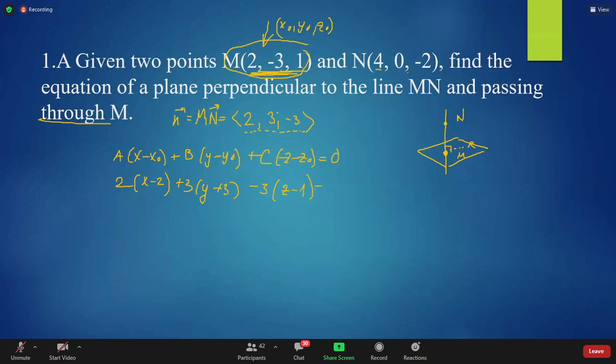Now we can simplify this somewhat. So this is the equation through the point perpendicular to the given vector. To simplify, we open the parentheses: 2x plus 3y minus 3z. Now let's add these numbers up. Minus 4 plus 9 is 5, and 5 plus 3, the product, is 8. So it's plus 8 equals 0.